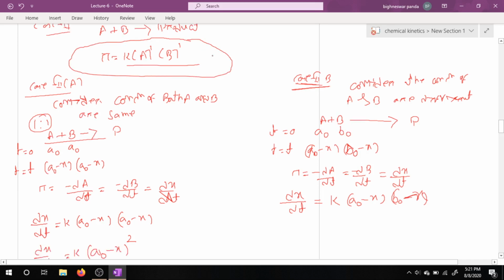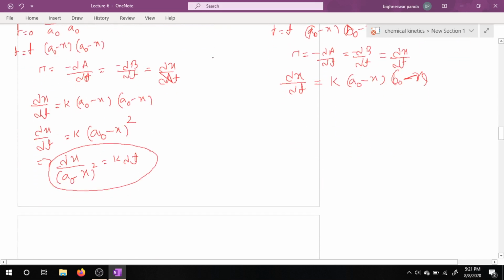So dx by dt is equal to k into A naught minus x into B naught minus x, or dx by (A naught minus x)(B naught minus x) equal to k dt.